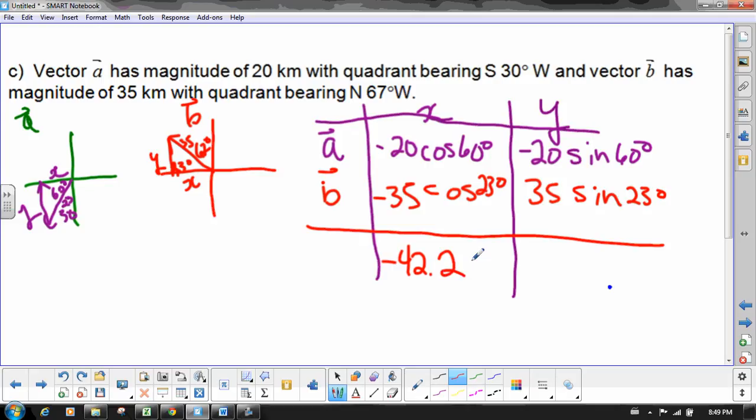When we do the y component, we're going to get negative 20 sine 60 plus 35 sine 23. So this value right here is going to be negative 3.6.